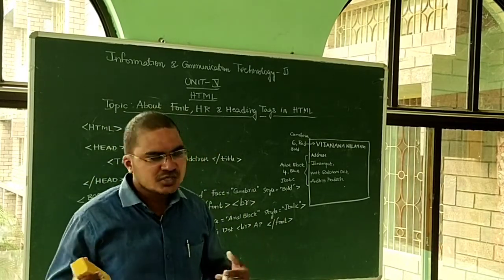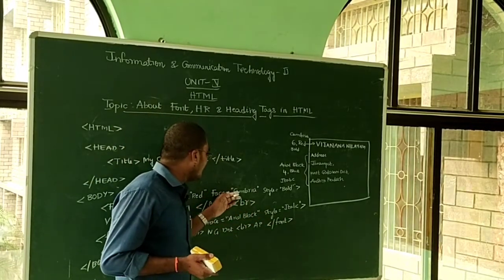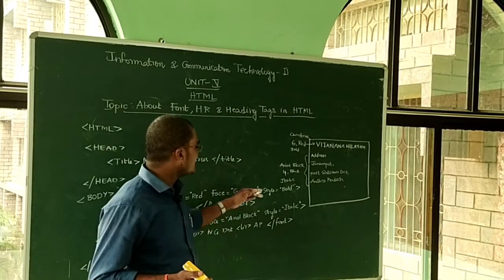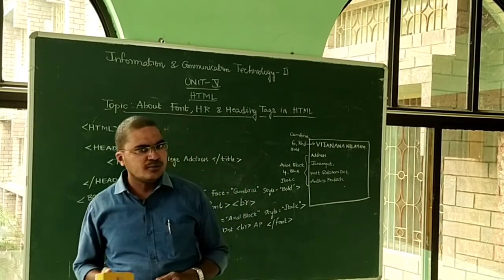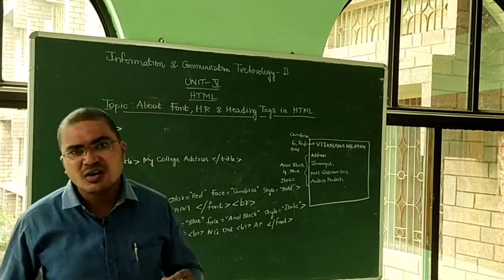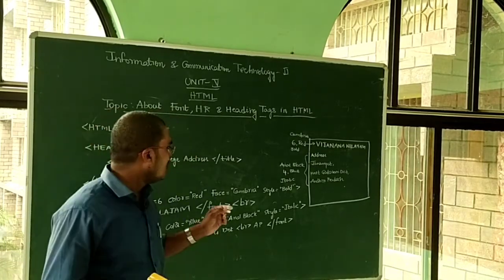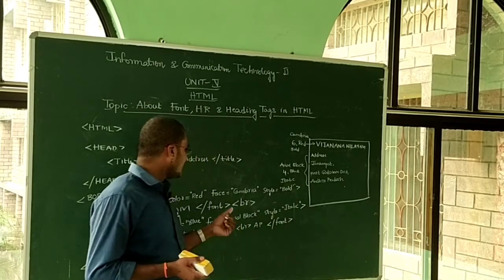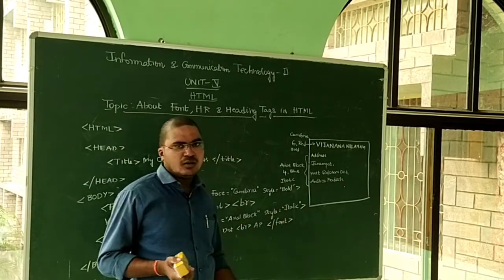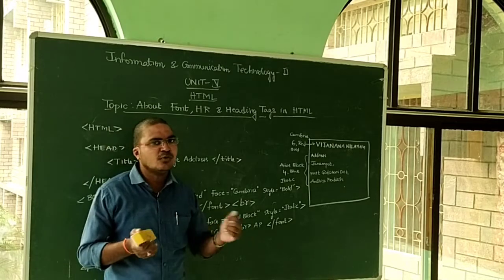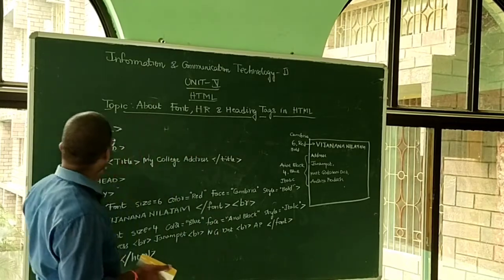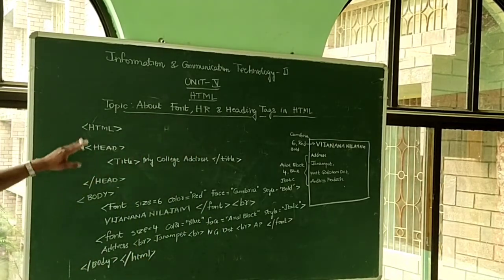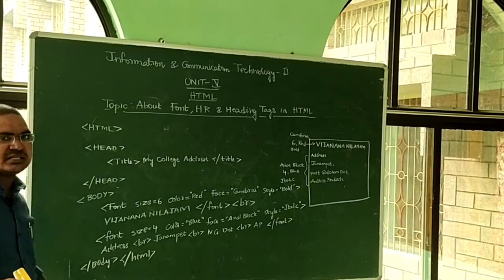Whatever face you like, you have to write down the face name. And for style there are only two things, one is bold and the second is italic. Sometimes I will show bold and another time italic. You just identify the difference between bold and italic. This is the way to represent the font tag in HTML. Is it clear for all?